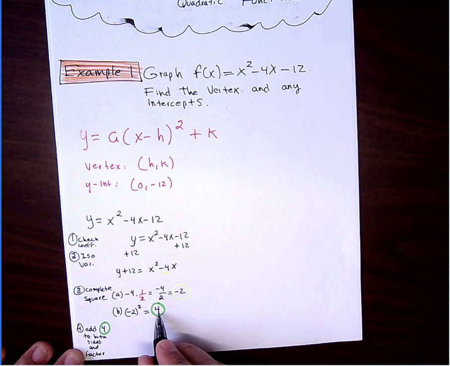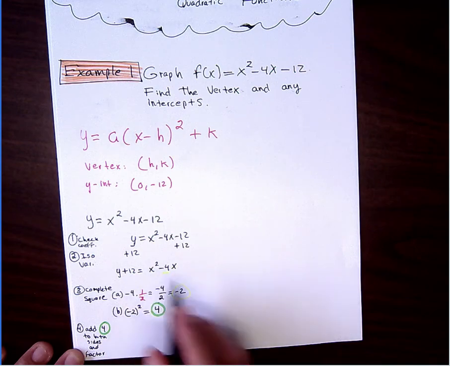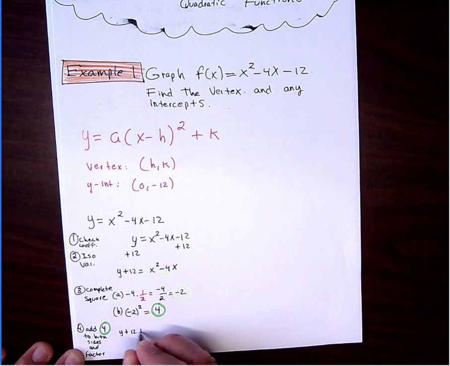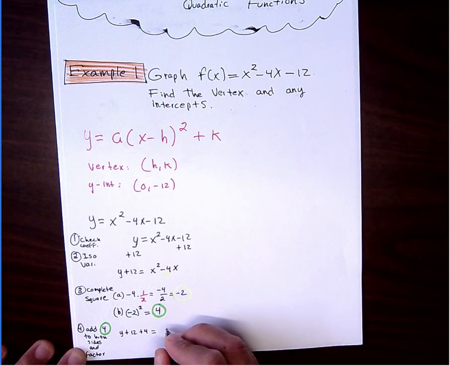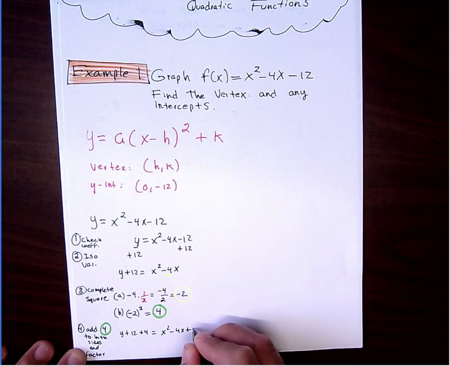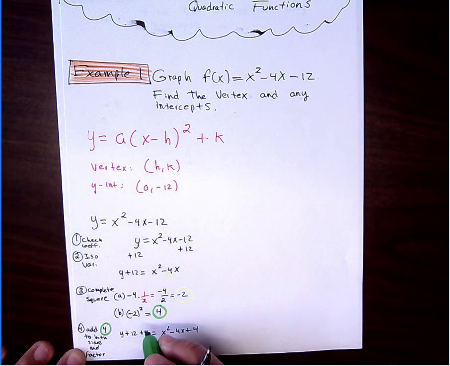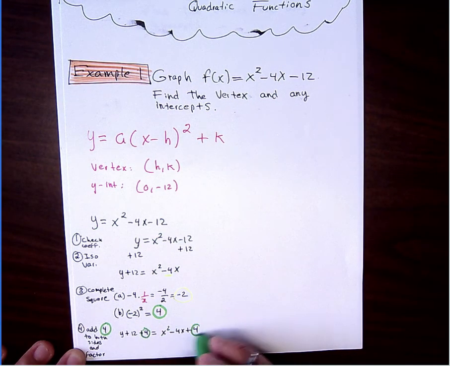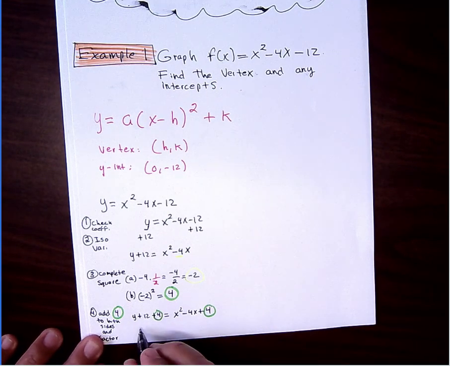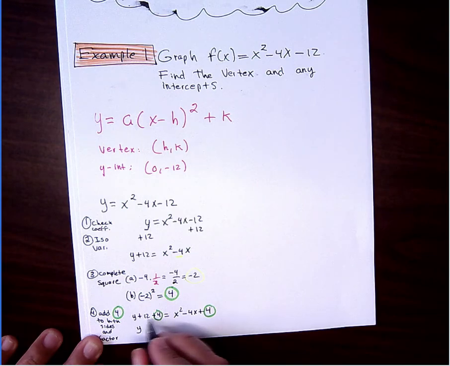So we're going to add 4 to this one. So we're going to have y plus 12 plus 4 is equal to x squared minus 4x plus 4. This is just the 4 that I got here. And then we're going to simplify this side, so 12 plus 4 would be 16.